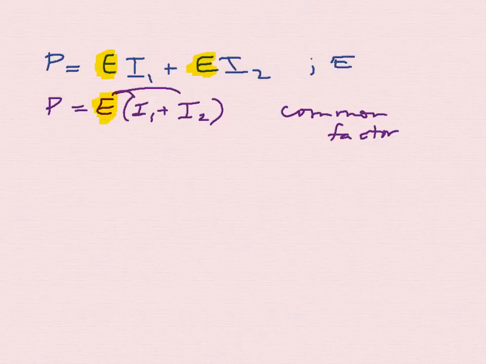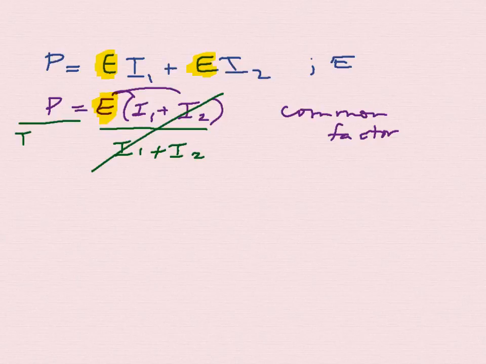Now if I want to get the E by itself, I've got to do the opposite, and I've got to divide both sides by I1 plus I2. And that will cancel everything on the right, but I've got to also do it on the left.